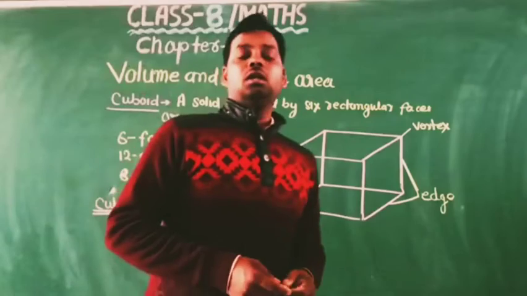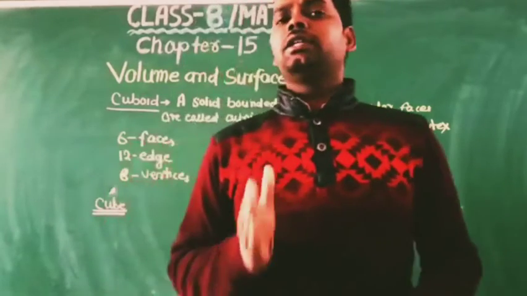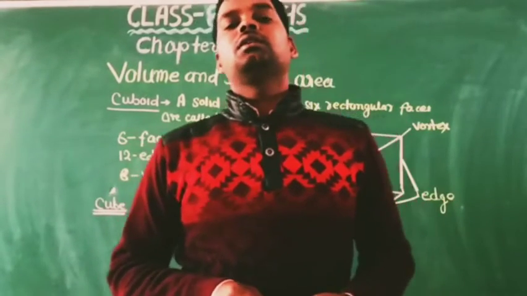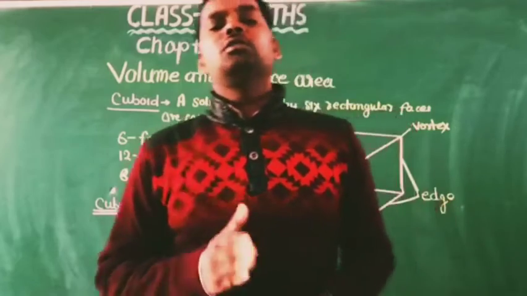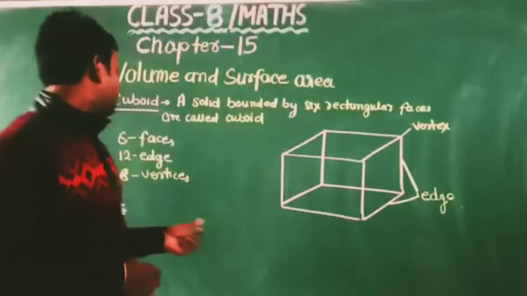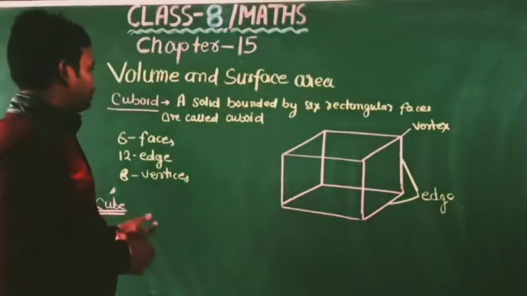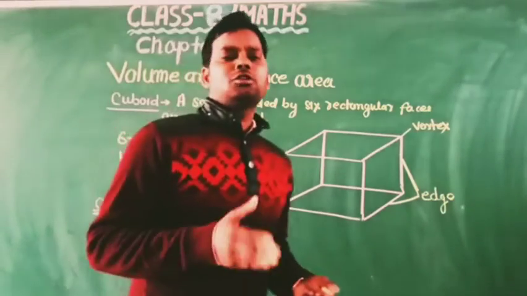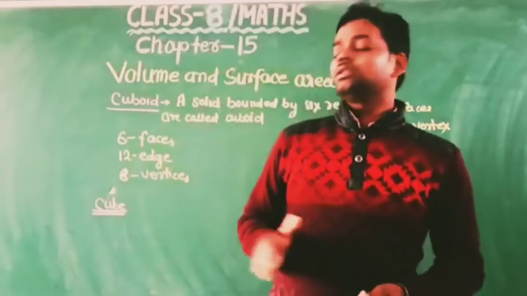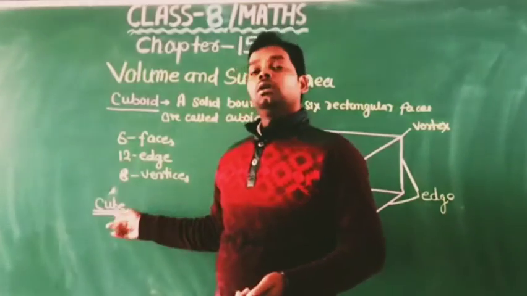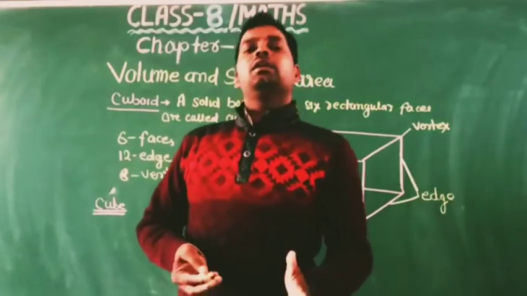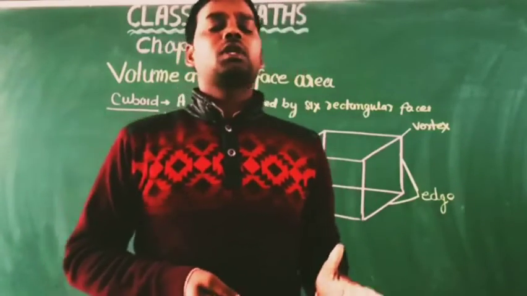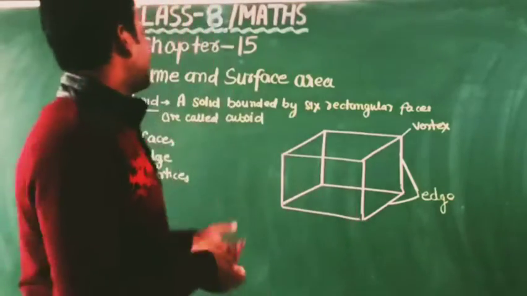A cuboid whose length, breadth and height are same, then it is called cube. And we can also define it: cube, a solid bounded by 6 square faces.